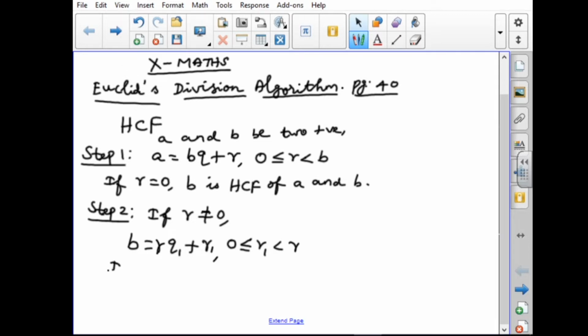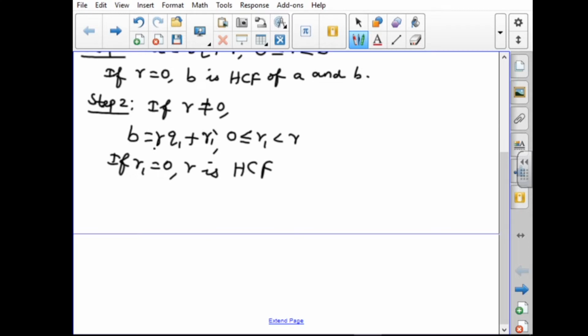If R1 equal to 0, then R is the HCF of the given two positive numbers B and R. So if the remainder we are getting is 0, at that time the divisor will be the HCF of the given two positive integers.